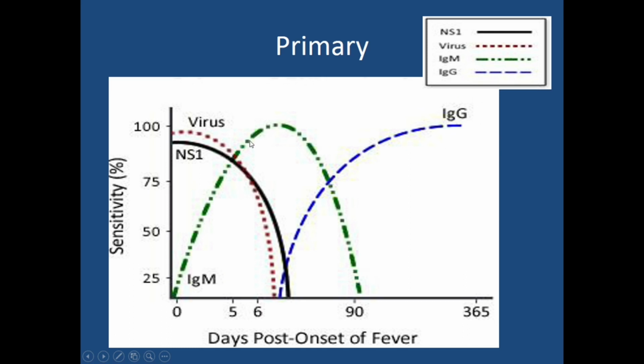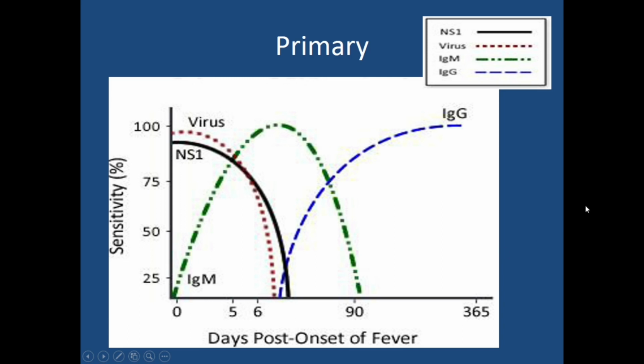But if you want to test for the non-structural protein, that is a component of the dengue virus, you will have to test it within 1 week. Similarly, if you want to do molecular testing to detect the virus, the sample collection should be within 1 week.